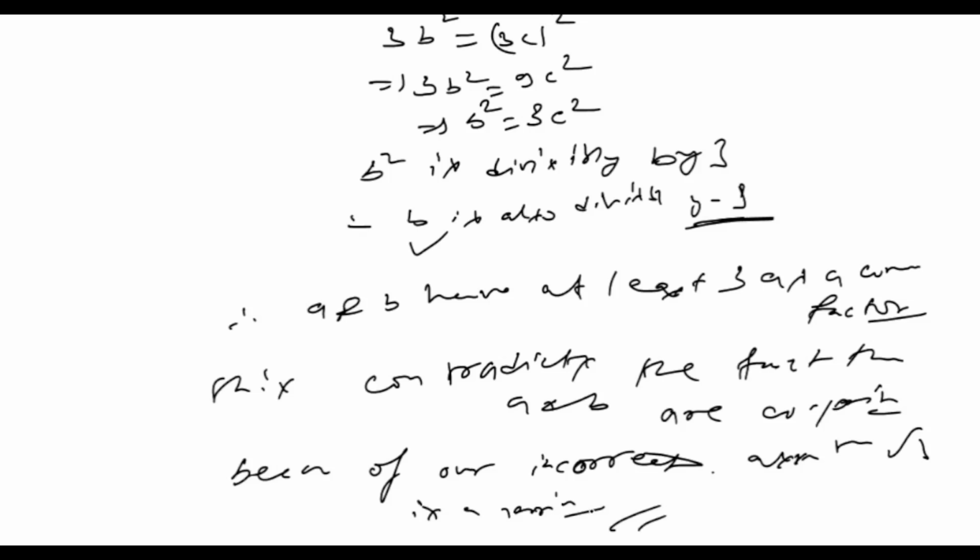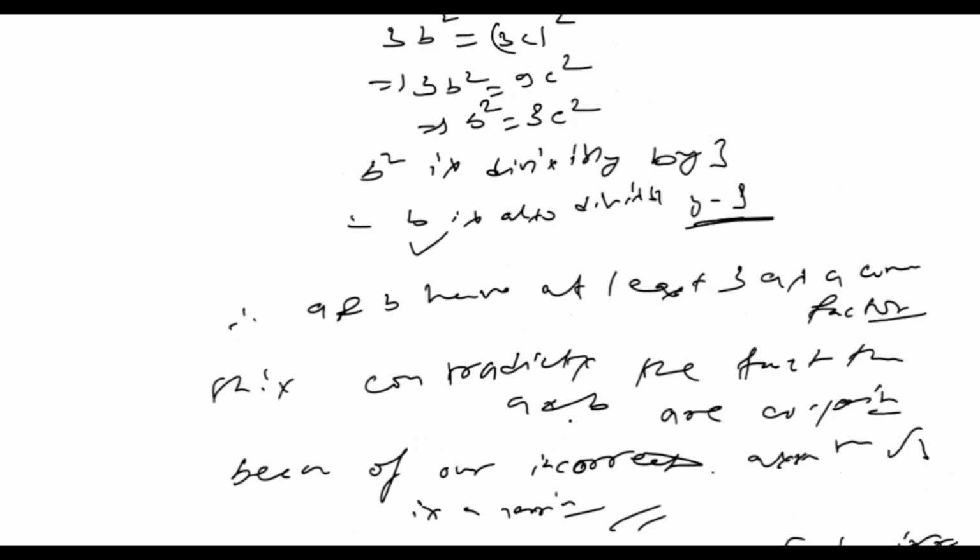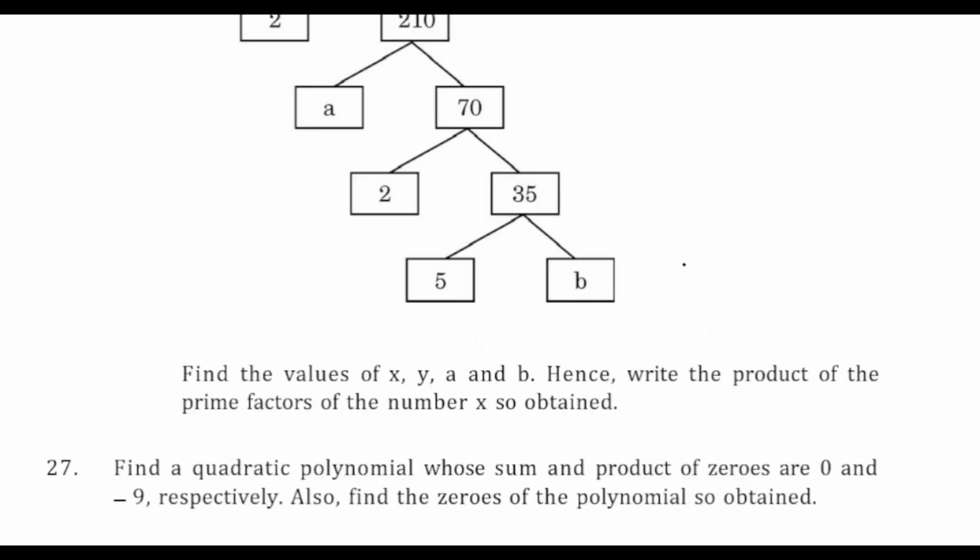So we conclude that root 3 is irrational. This is the solution of the first question.